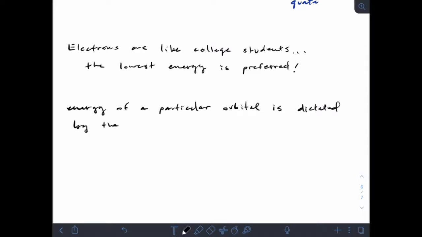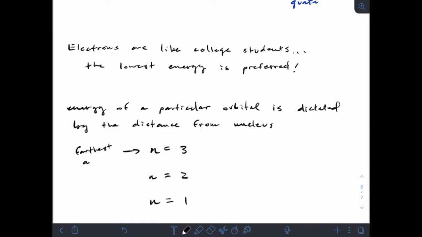All right, so for example, n equals 3 versus n equals 2 versus n equals 1. N equals 3 is farthest away from the nucleus, okay, and has the highest energy.